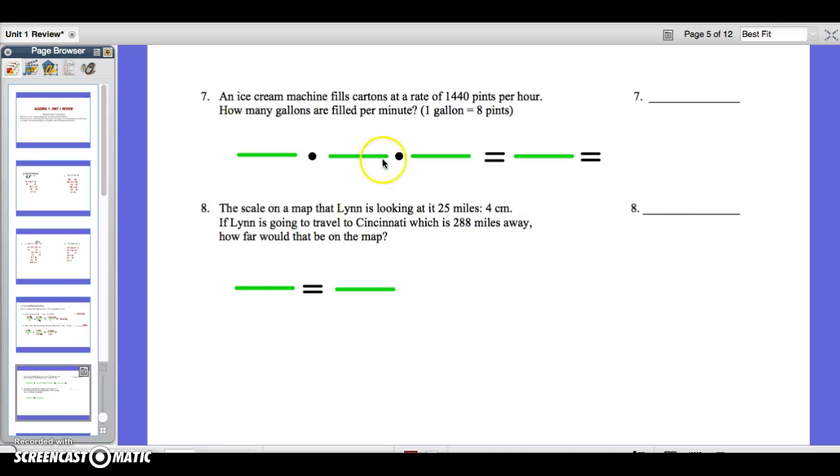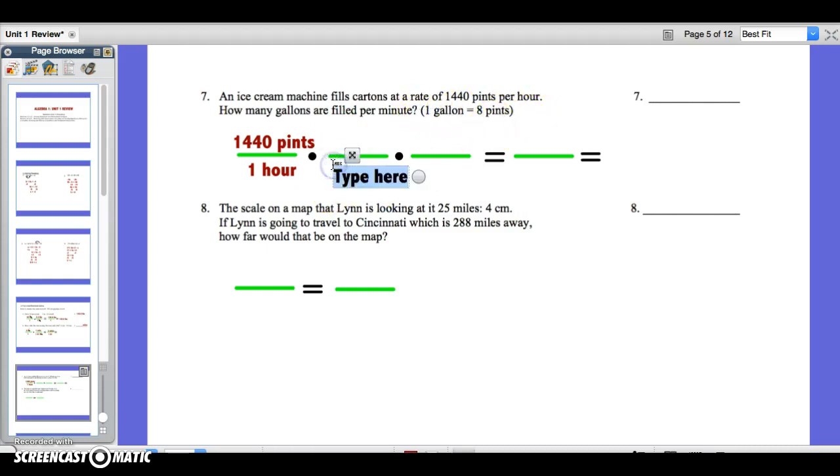So again, I'm going to start with the conversion or the rate that they gave us, and that was 1,440 pints per 1 hour. So writing this in here, it really helps me to know where my next ratio is going to go. So they said 1 gallon is 8 pints.